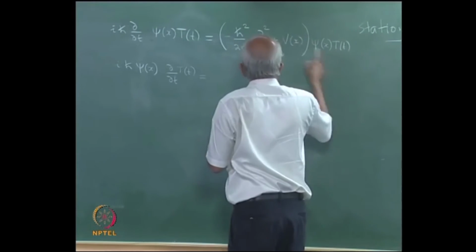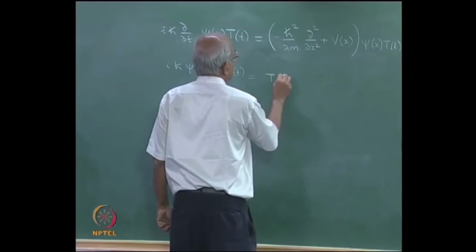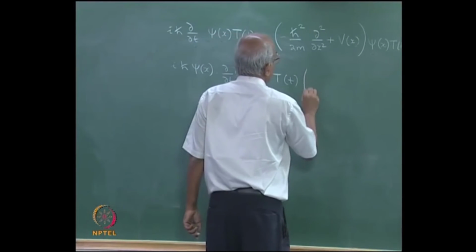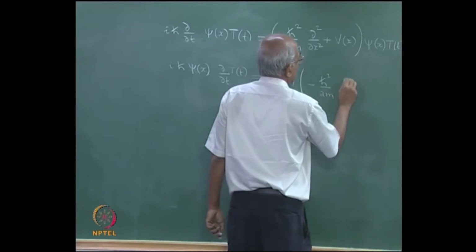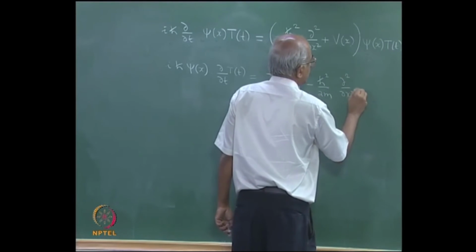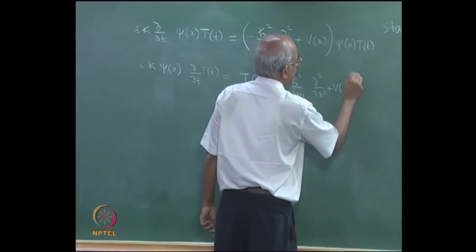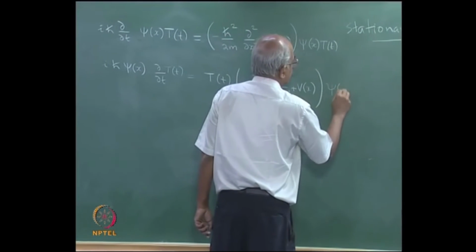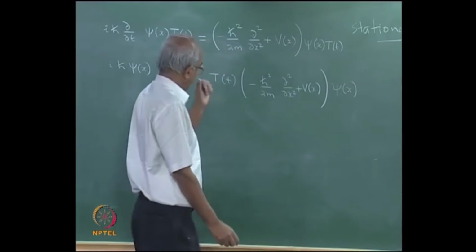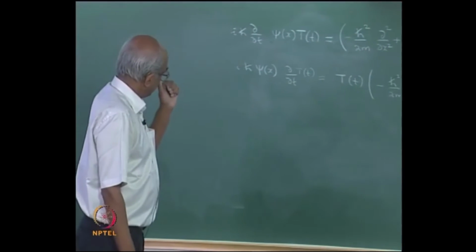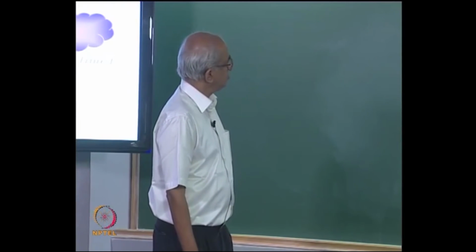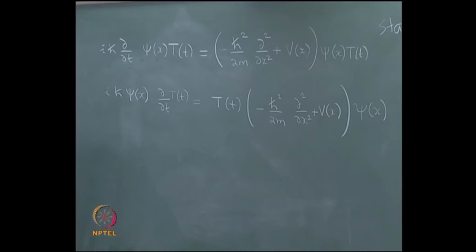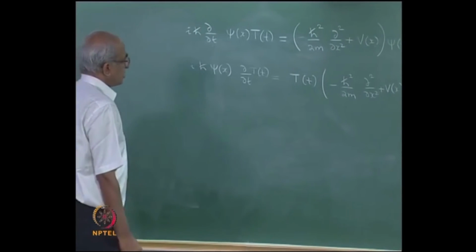So, you can take this capital T of t outside, and then you will have minus ħ² by 2m ∂²/∂x² plus V of x operating upon psi of x. Okay. Now, I am going to rewrite this in the next step.